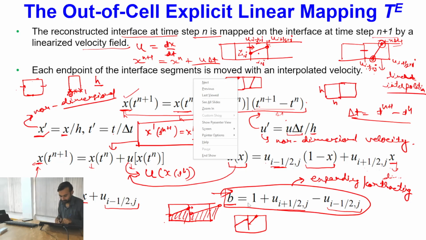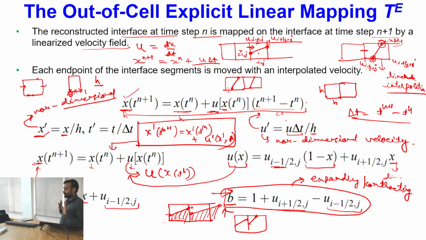That is this factor, because this u at i minus 1/2 comma j is the reference velocity relative to which this b factor is calculated. Similarly, if this velocity is large and this is small, then it will be contracting, and this b factor represents the multiplying factor by which the area will be contracted. Are all clear with this point?